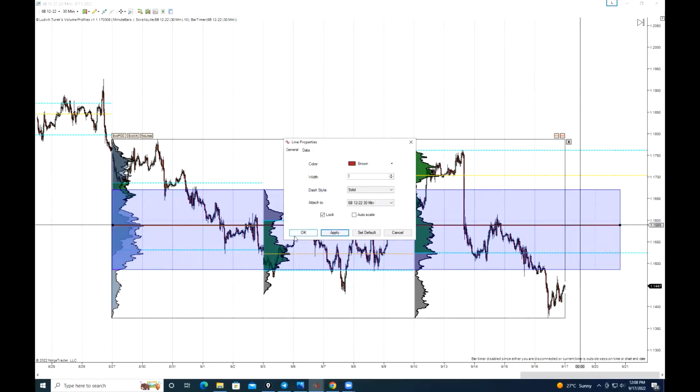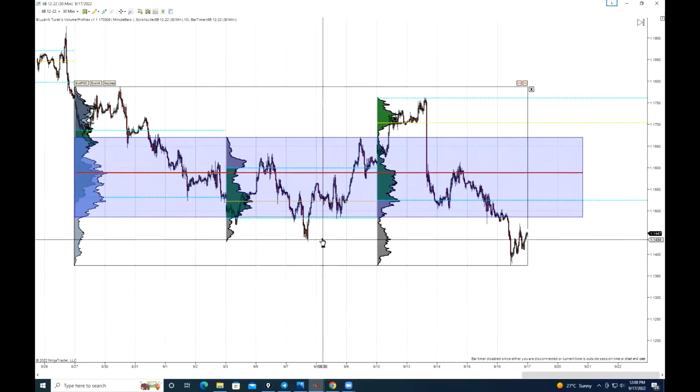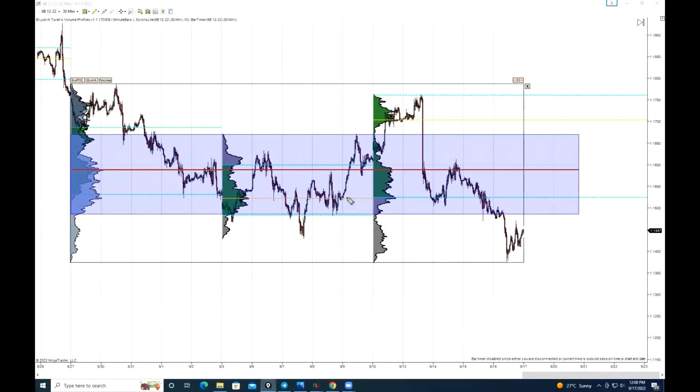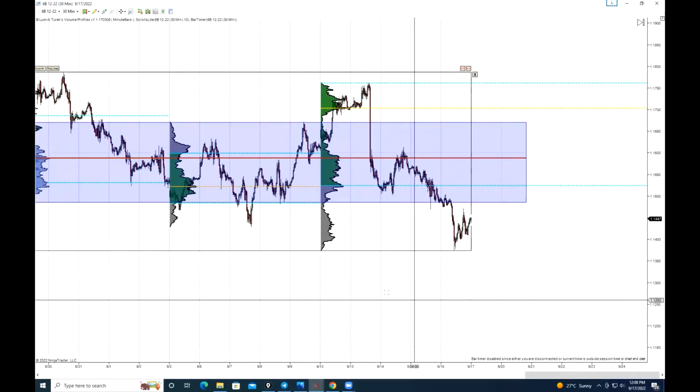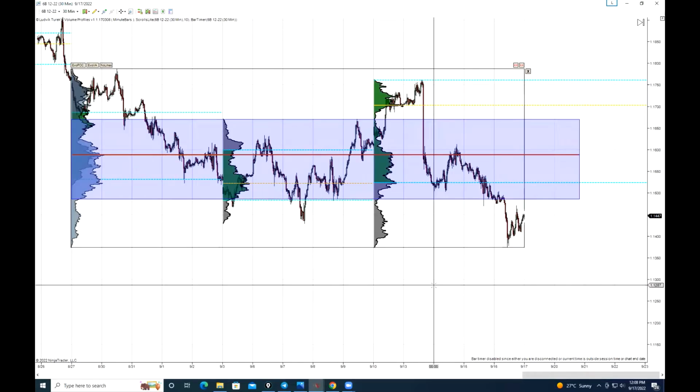So if we're looking at pound in terms of value and volume distribution, we can see that we have broken out of this value area distribution. And yes, it's value because we see we have been practically ranging in this area, and now we are breaking out. So right now in pound, we are in price discovery.